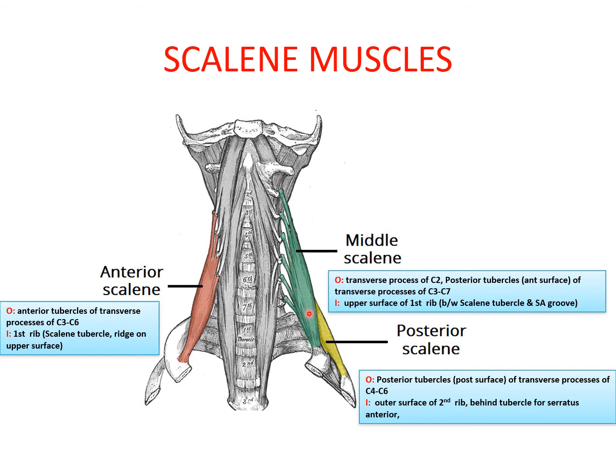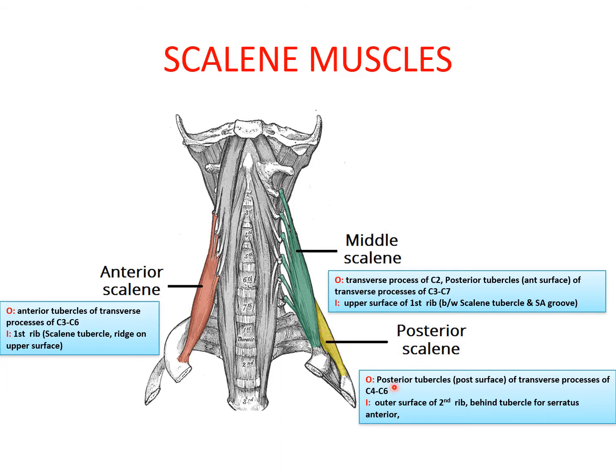Coming to the middle scalene muscle, this muscle takes origin from the transverse process of C2, from the anterior surface of the posterior tubercles of the transverse process of C3, C4, C5, C6 and C7 cervical vertebrae. The fibers come downward and they are inserted on the upper surface of the first rib, if you remember, between the scalene tubercle and the impression for the subclavian artery.